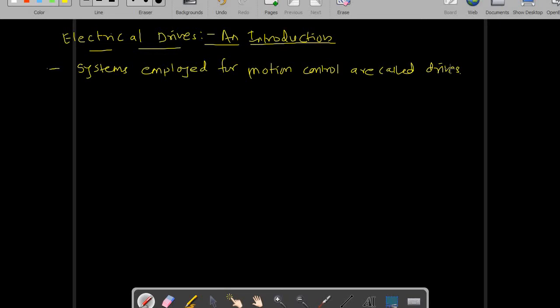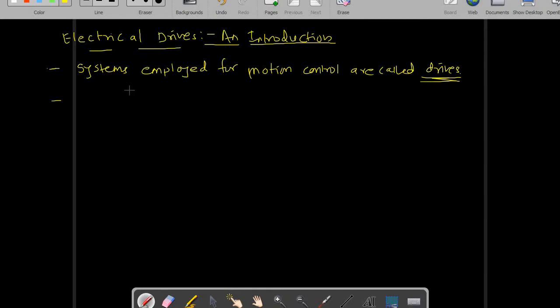So that is, if we want to control motion, then we need to have some prime mover. Now that prime mover can be in the form of diesel or petrol engine, gas or steam turbine, steam engine, then hydraulic motors or electric motors, so that motion can be controlled. So with this definition of drives, we can define electrical drives.